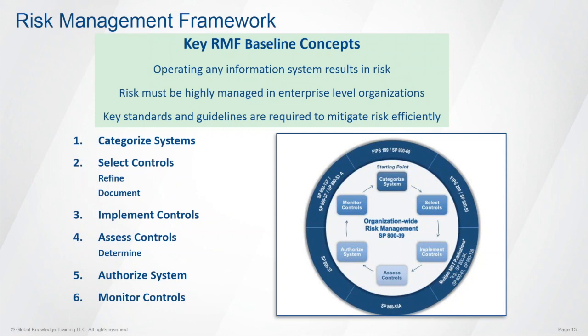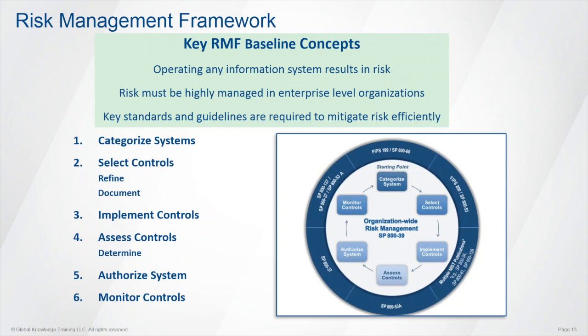Now, once you get past that point, you authorize the system. That means actually put a system into production. It could be a simple application, or it could be a huge multi-organization complex system, but either way, you have to have a formal event where you authorize and put it into actual use. But the story doesn't stop there. Once a system is up and running and in production, you have to continue to monitor those controls, because we all know complex systems are dynamic beasts.